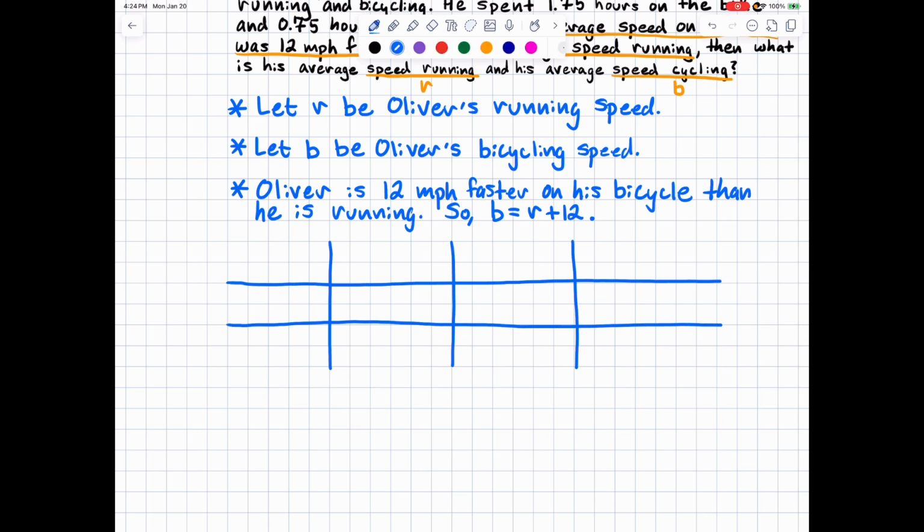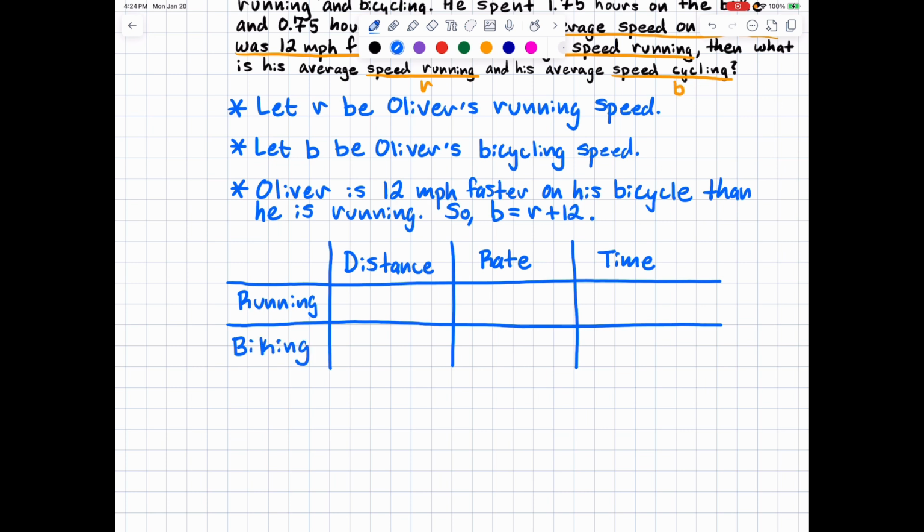And we're going to want to put our distance here, and then our rate and our time. And on the left-hand side, he's going to either be running or he's going to be on his bike. So biking maybe we'll put here.